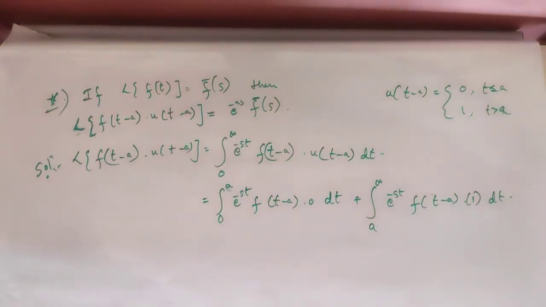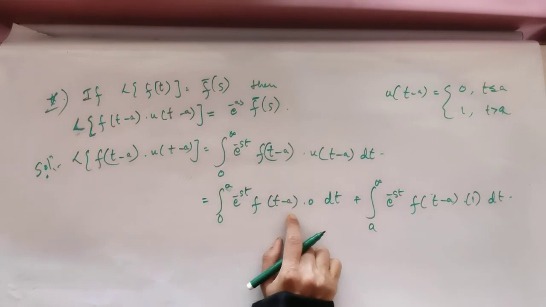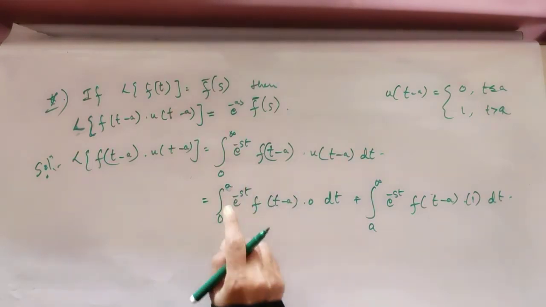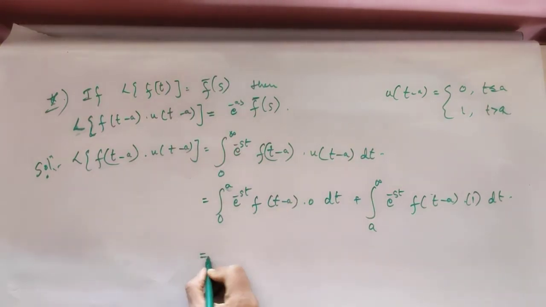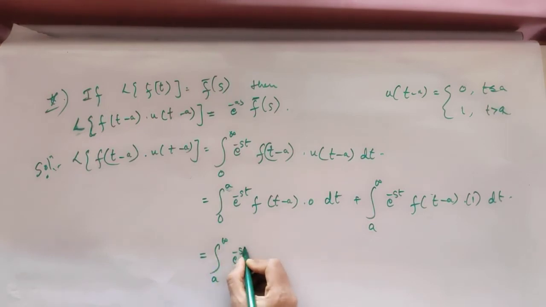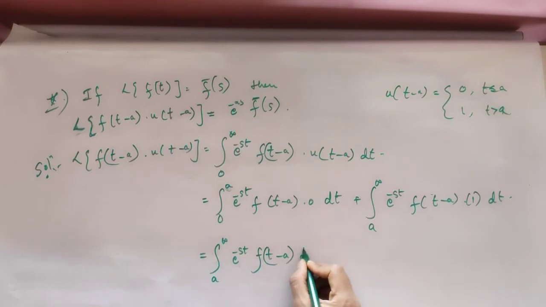Won't you get something like this? Now already this is 0, because 0 into f(t minus a) into e to the power minus st is again 0. Definite integral of 0 is again 0, you all know that very well. So directly we will take integration a to infinity e to the power minus st f(t minus a) dt.